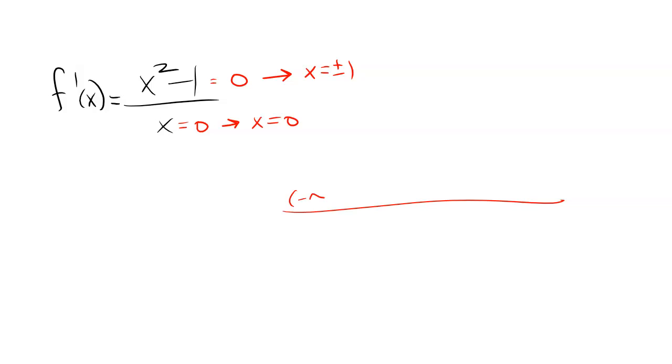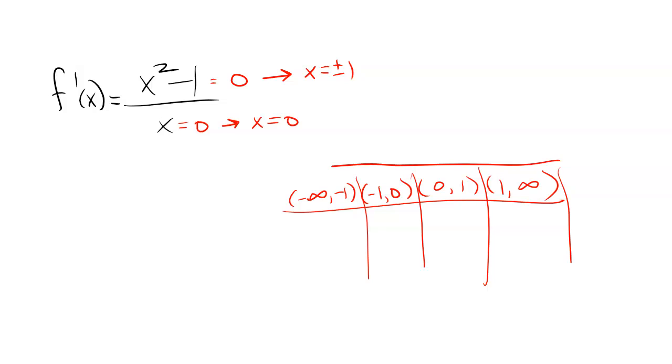My first section is negative infinity to negative 1. Second section goes to 0. Third section goes to positive 1. Fourth section goes to infinity. So that would be the table headers. It's a pretty horrible looking table, but we'll go with it.